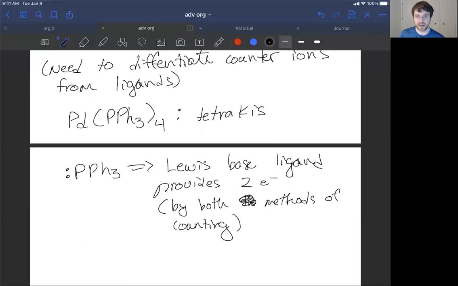So by both methods of counting electrons from ligands, we're going to get 2 electrons.